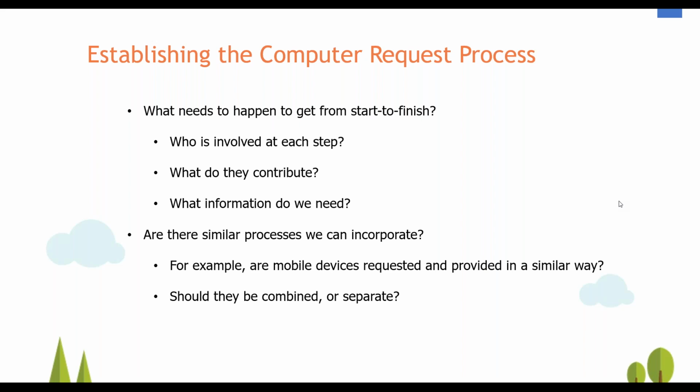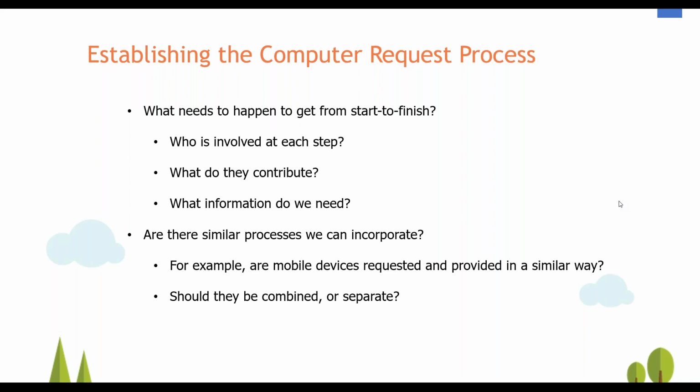If we talk through that process and map it out in a similar way, and we look at them side by side, are they the same process? Can we combine them into one, maybe into a device request process instead of separating them out? Or are they just slightly different, so that they can work together with some compromise between the processes, or perhaps some slightly different branching logic depending on the complexity?